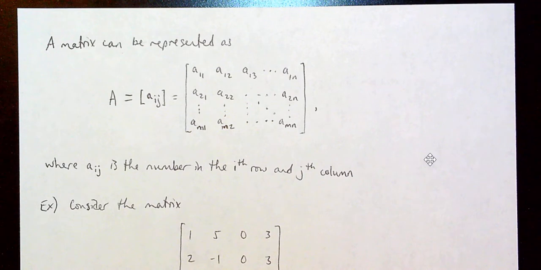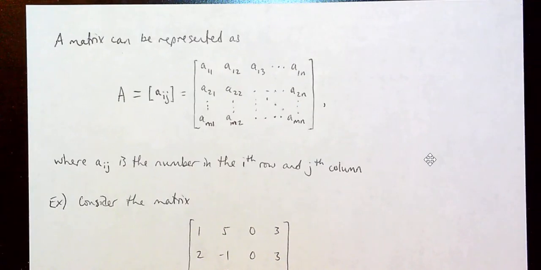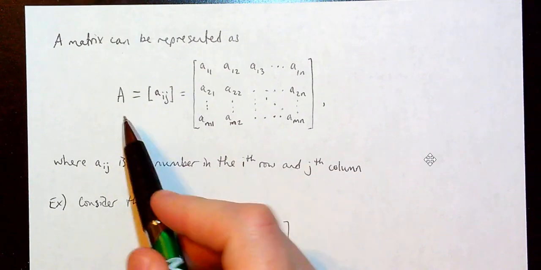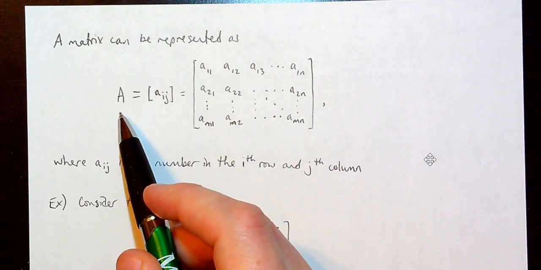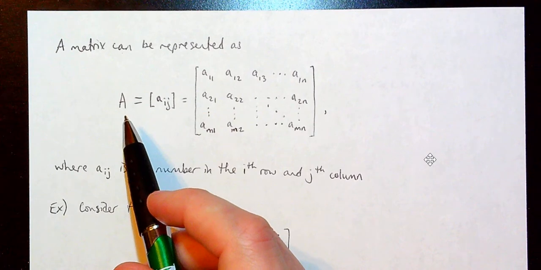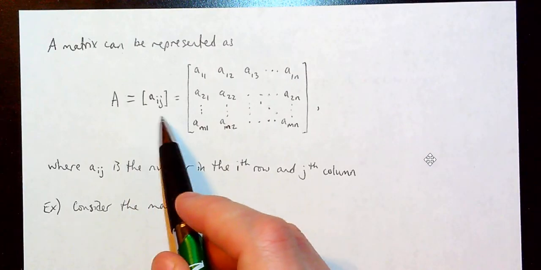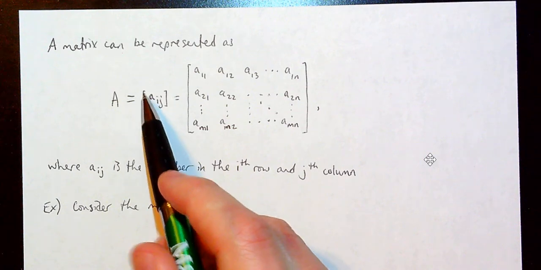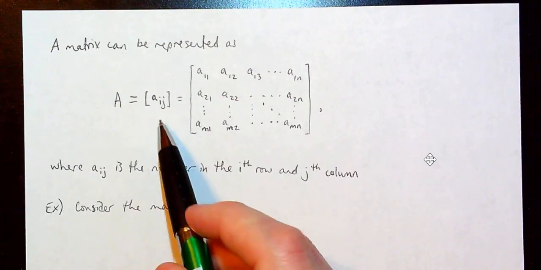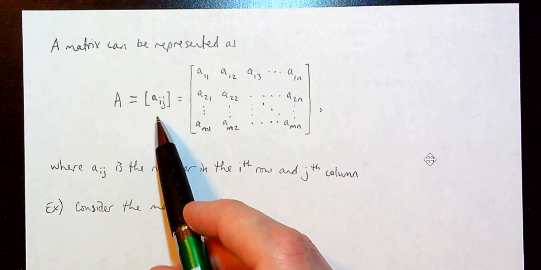Typically when we write matrices, we give these things some name, and we commonly give them names that are capital letters, like A, B, C, D, whatever. The textbook likes to refer to them as such. In these square brackets, you have this A sub ij.